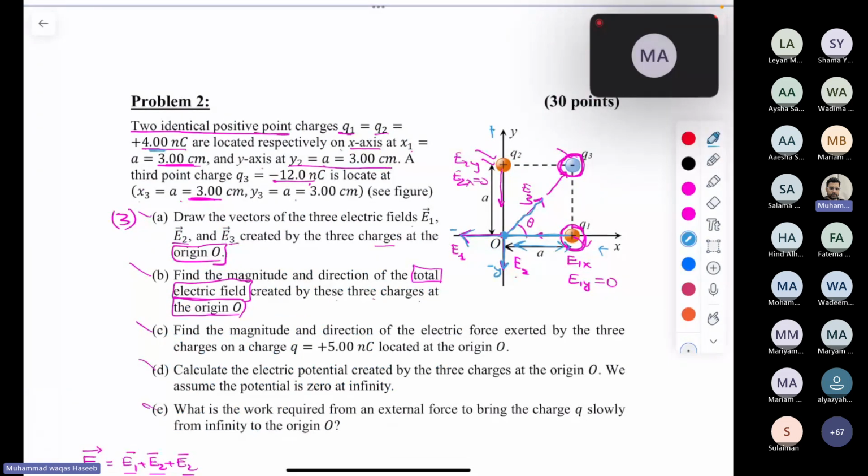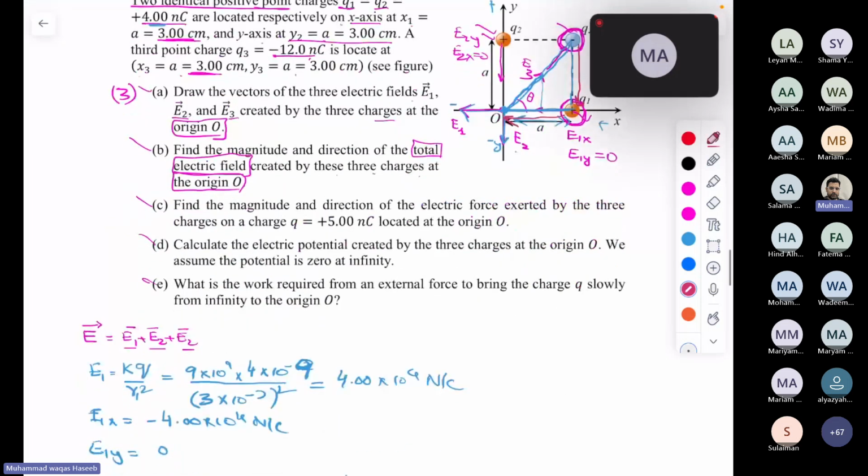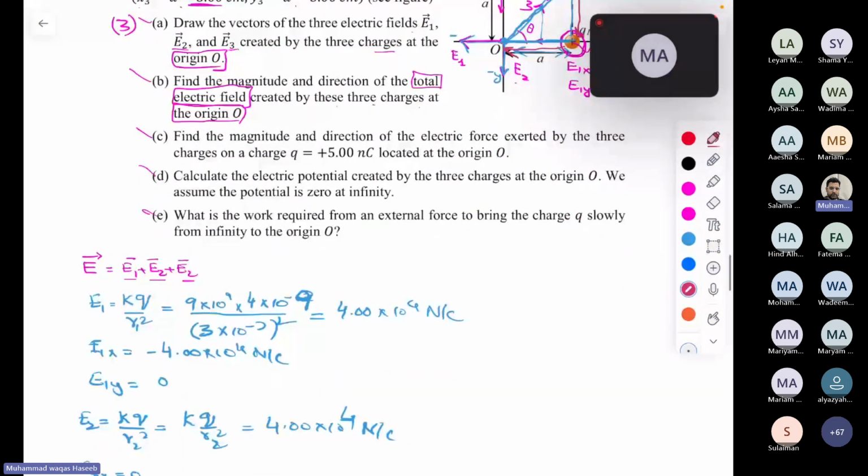So if you see this, this is becoming a right angle triangle. This distance is a, and this distance is a as well. So we can find the hypotenuse using the Pythagoras theorem.